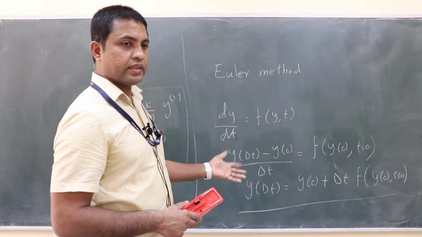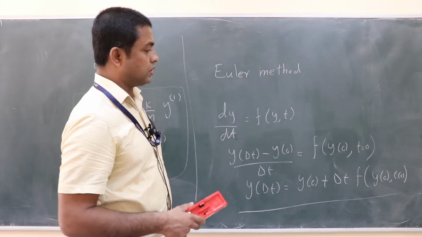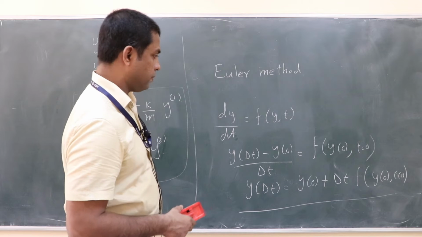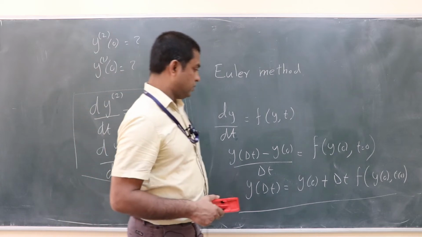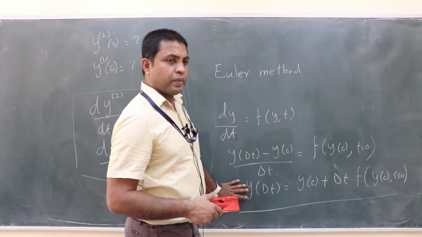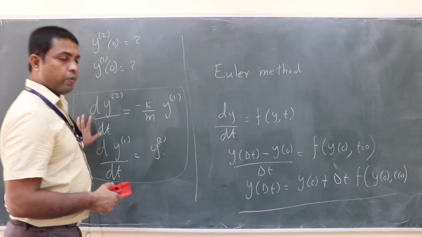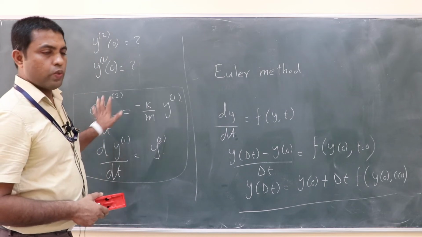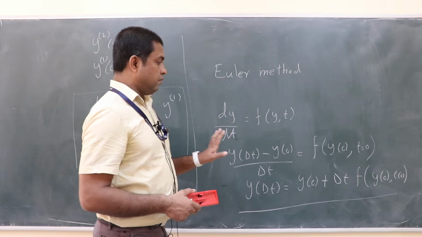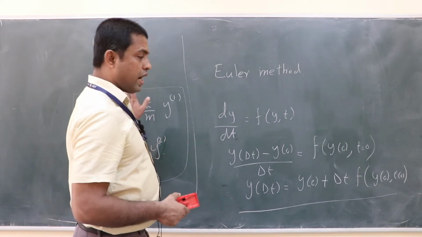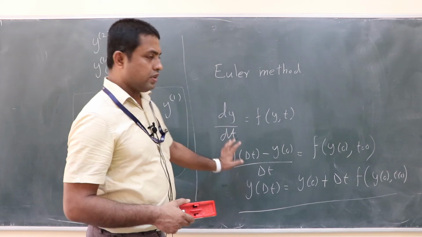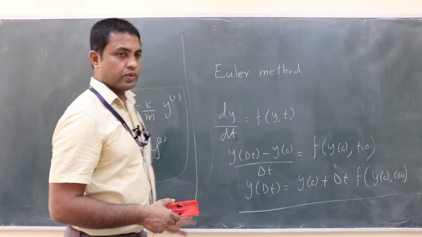Because you neglected the second order terms in the expansion, a delta t square error will be there. So you can apply this method to this problem and do the calculation. One of the ways is to solve these coupled differential equations using this Euler method.